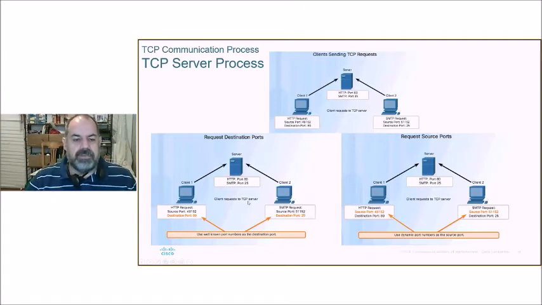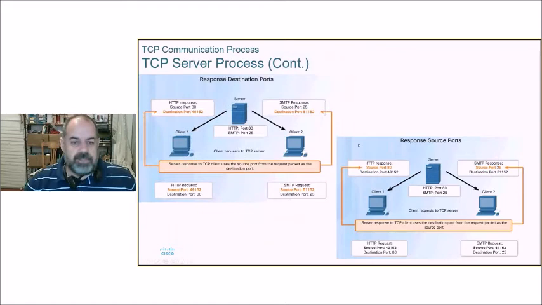Basically you request the data, and when the server replies, it will come back the other way. This would basically swap around. When the server is replying, the source port will be port 25, and the destination port would be 51152.